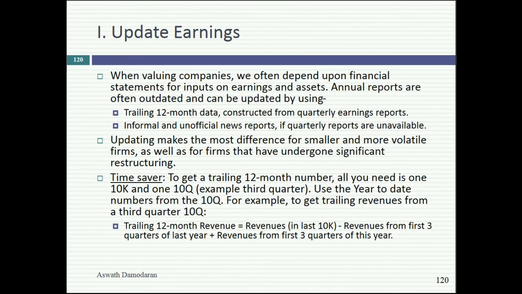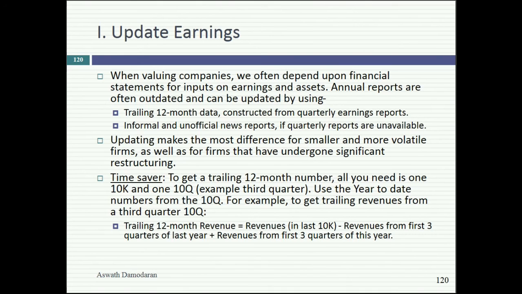But if I stayed with the September 30th report, I'm using old data. So with US companies, I always try to use those trailing 12-month numbers, which means I take the last 10K, I take the last 10Q. And one of the things that 10Qs give you that will help you is they give you what the company did, in the case of Apple, in the first quarter of 2016-17, but they also give you the first quarter from the previous year.